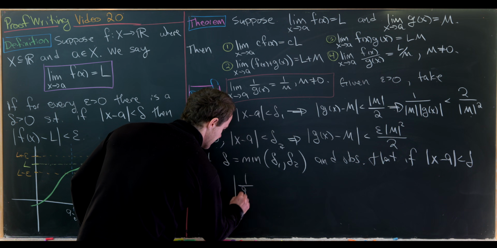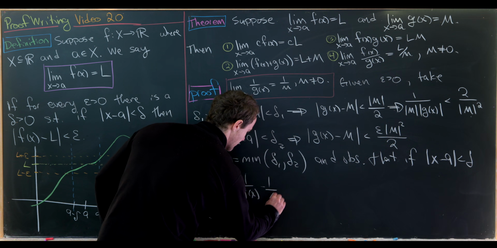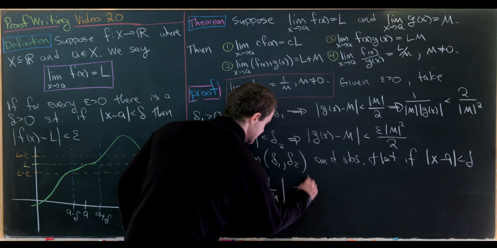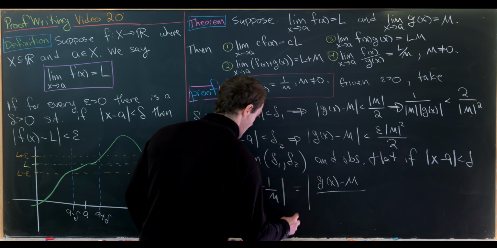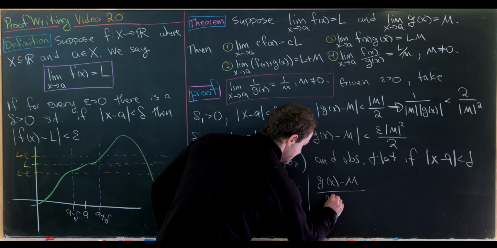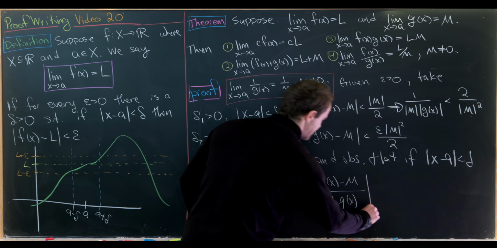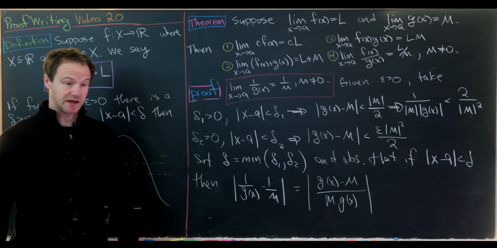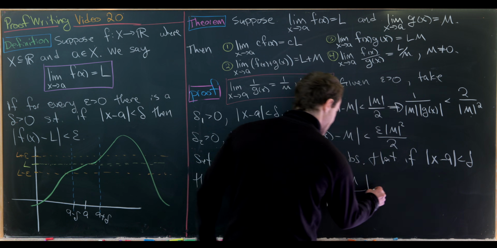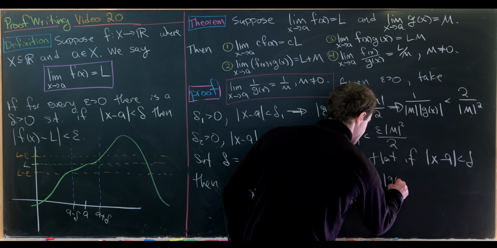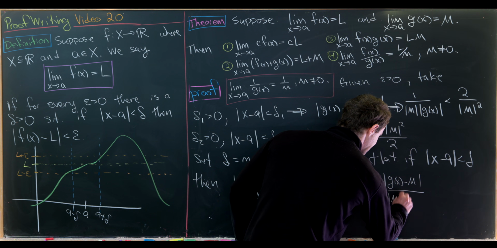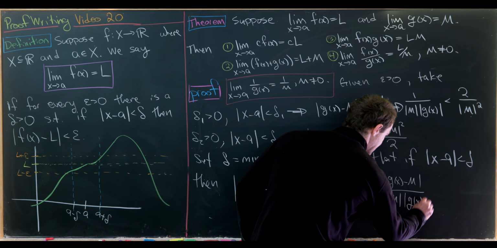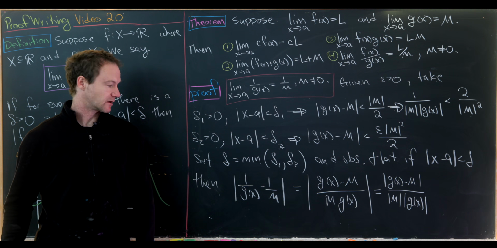So the absolute value of 1 over g of x minus 1 over m turns into the absolute value of g of x minus m over m times g of x just by finding a common denominator. But then we can split these absolute values up and see that we get the absolute value of g of x minus m in the numerator over the absolute value of m times the absolute value of g of x in the denominator.